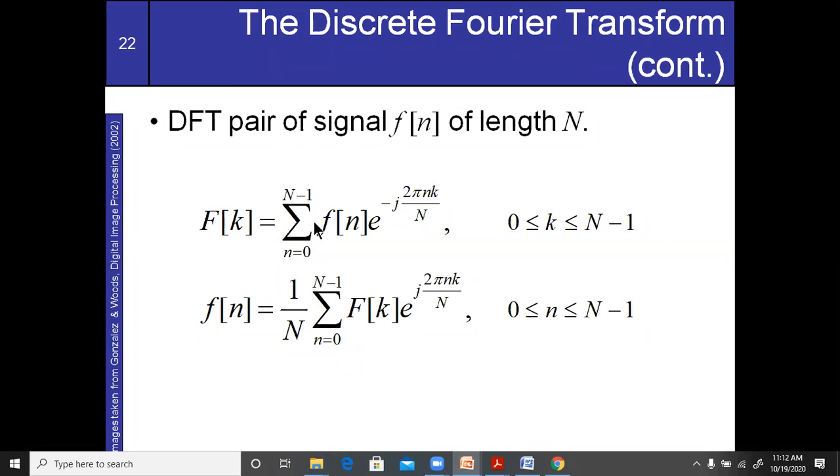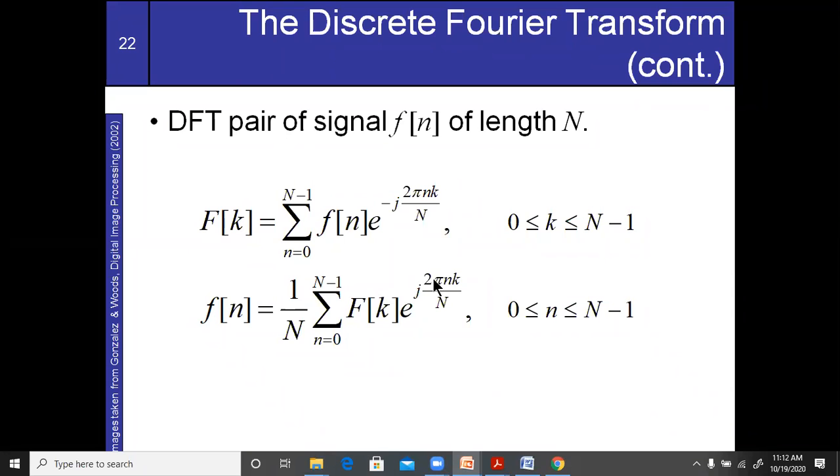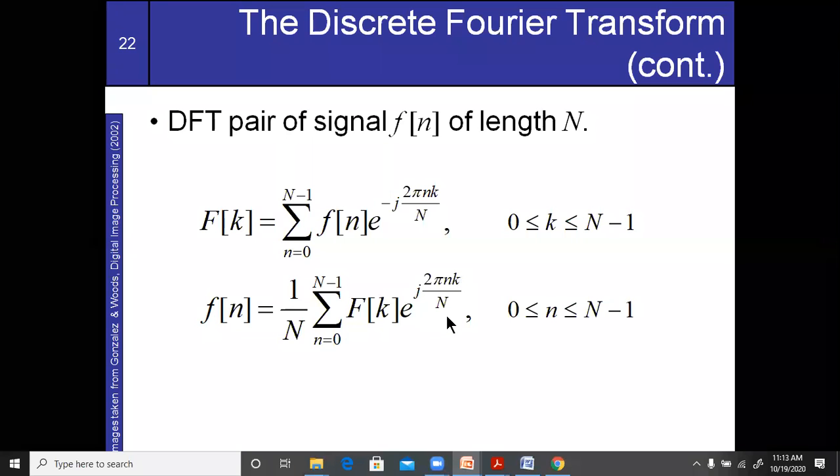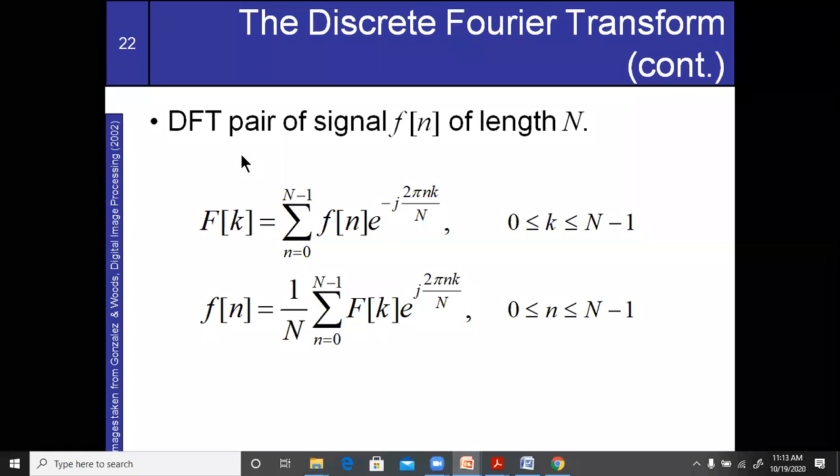So F[k] is equal to the sum over n equal to 0 to N minus 1 of f[n] e to the power of minus j 2 pi nk by N. That is the DFT, and the inverse DFT is f[n] equal to 1 by N times the sum over k equal to 0 to N minus 1 of F[k] e to the power of j 2 pi nk by N, for 0 less than or equal to n less than or equal to N minus 1. So these two form a DFT pair. Okay.